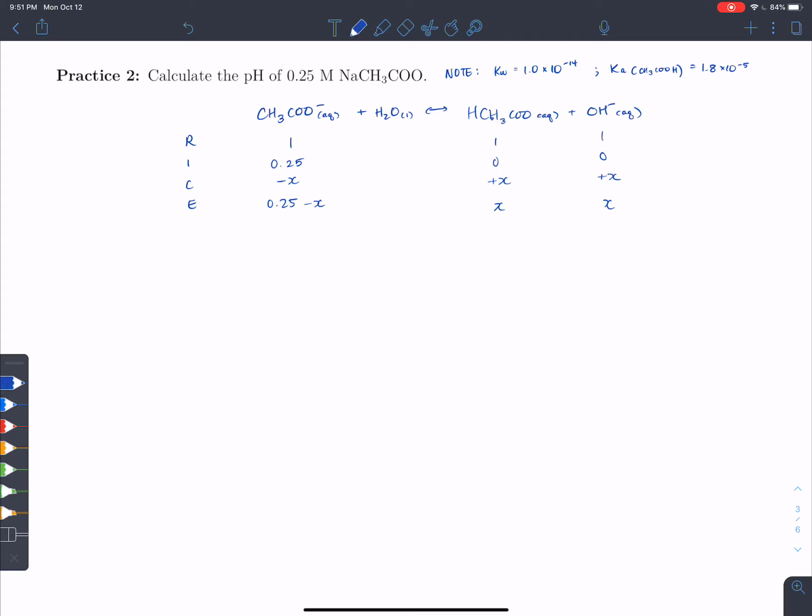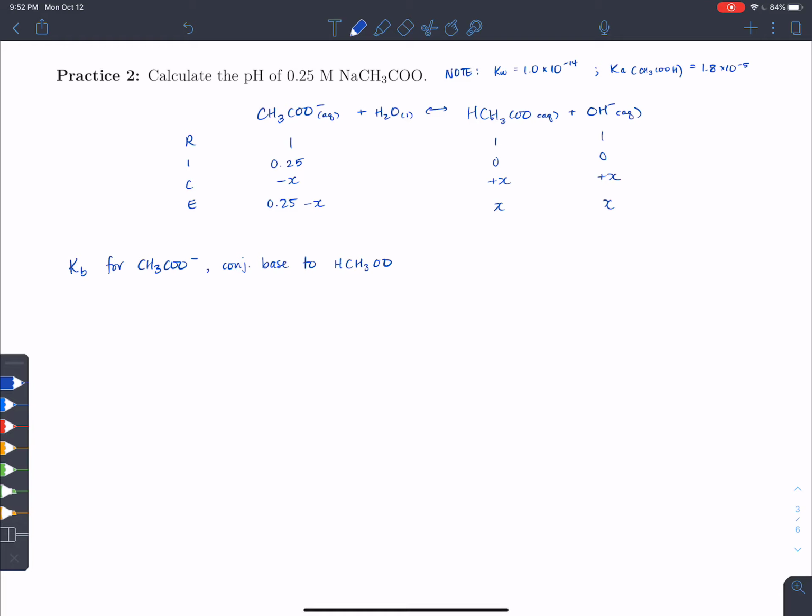So now let's actually start doing the math behind it. If we are looking at a reaction that is going to form a basic solution, that means we are going to use a Kb, right? Which is for our acetate ions. And this is a conjugate base to our acid of HCH3COO.